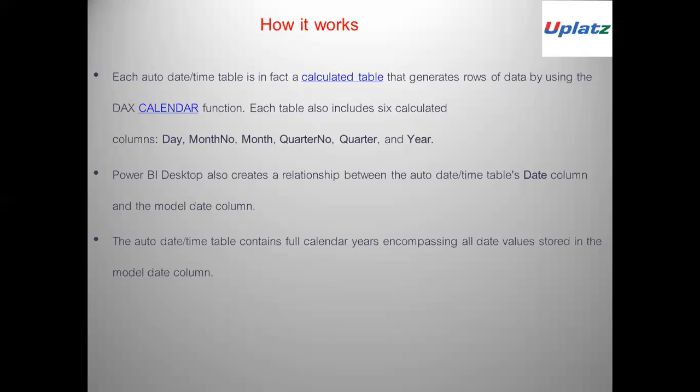Each auto date or time table is in fact a calculated table that generates rows of data by using the DAX CALENDAR function. This is quite important. Each table also includes six calculated columns. They are named day, month number, month, quarter number, quarter, and year.